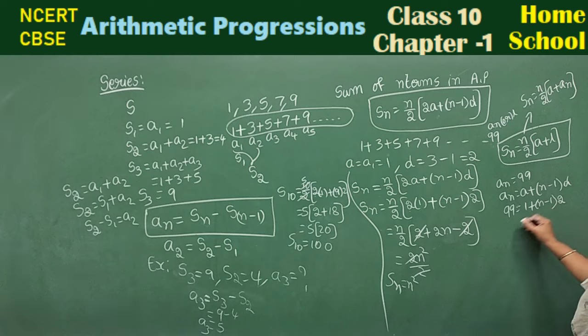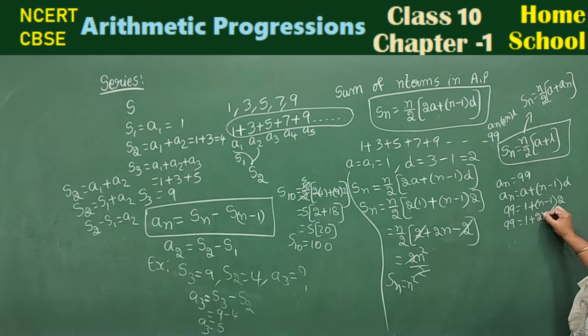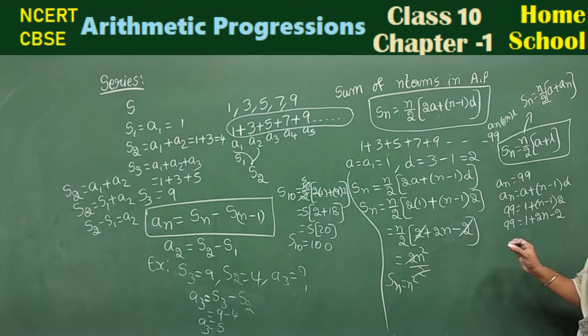Now 99 is equal to 1 plus 2n minus 2. So 99 is equal to 2n minus 1, and this minus 1 send to the other side. 99 plus 1 will be 100.